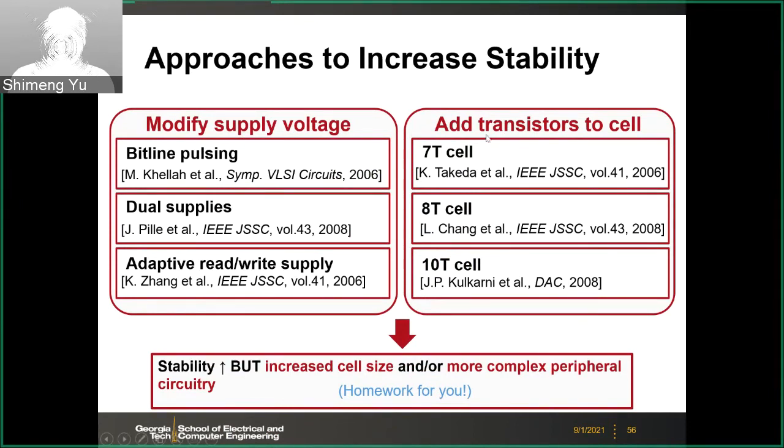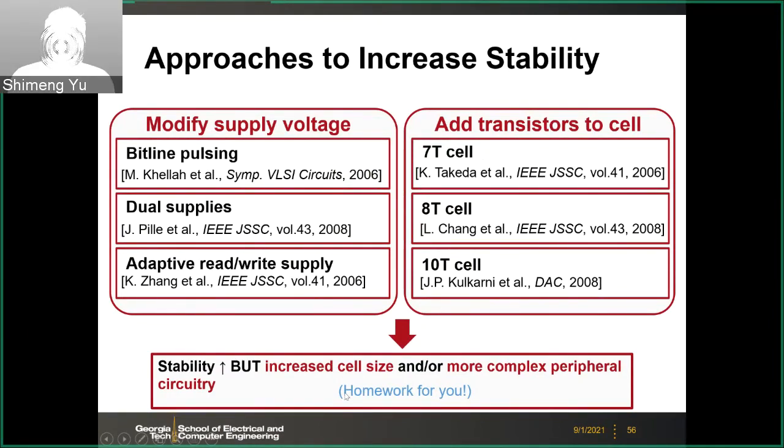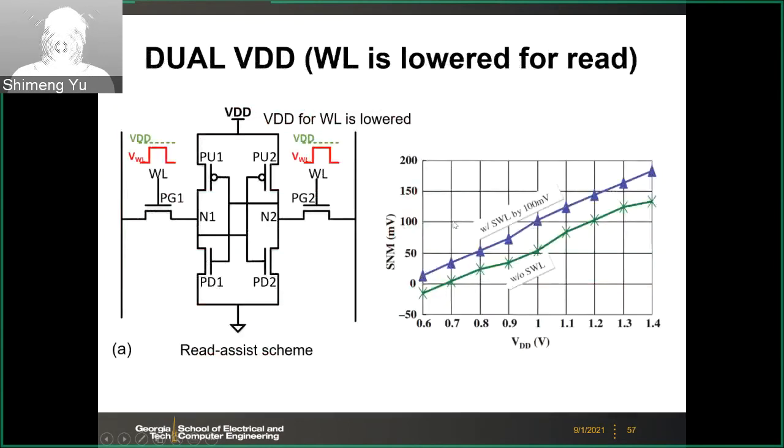And second approach is to add more transistors to the SRAM cell. We used to have 6 transistor SRAM, and you can have 7 transistor, 8 transistor, even 10 transistor. So here are the representative papers, pulsing schemes, the additional bit cell design, and you will have some homework to read some of those papers.